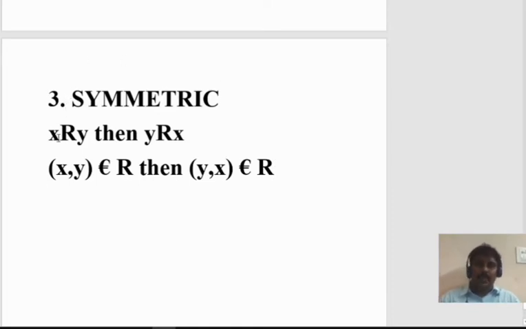Symmetric property means if x is related to y, then y is related to x. Or we can simply write, if (x, y) belongs to R, then (y, x) also belongs to R. So it is called a symmetric property.